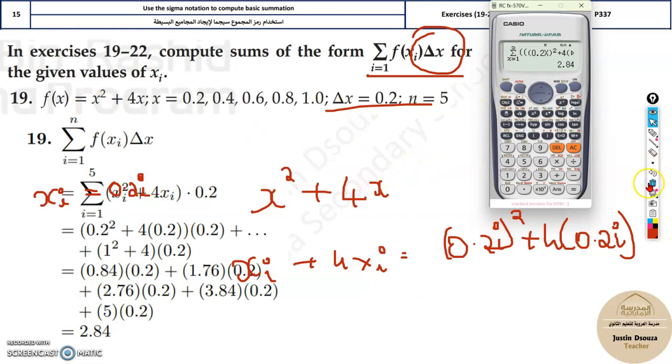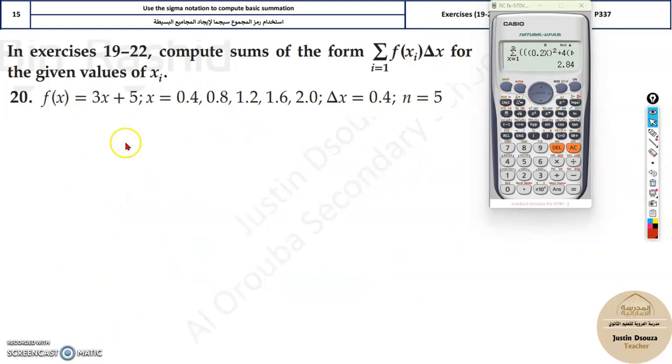But this was a very easy one because it started from 0. Even this will start from 0, but I'll quickly do this on the calculator. The first problem I told you in detail, but we can directly do it. Shift summation. Now, what is the function? Open the bracket.